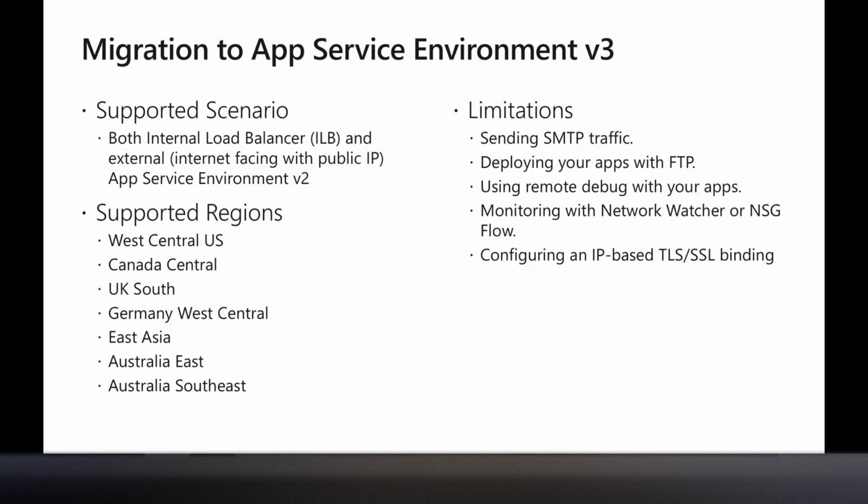So there is currently, in public preview, the ability to migrate to App Service Environment V3. Right now, the supported scenario is that you can have either an ILB, which is internal load balancer, or an external load balancer based App Service Environment V2. You can migrate it to V3.